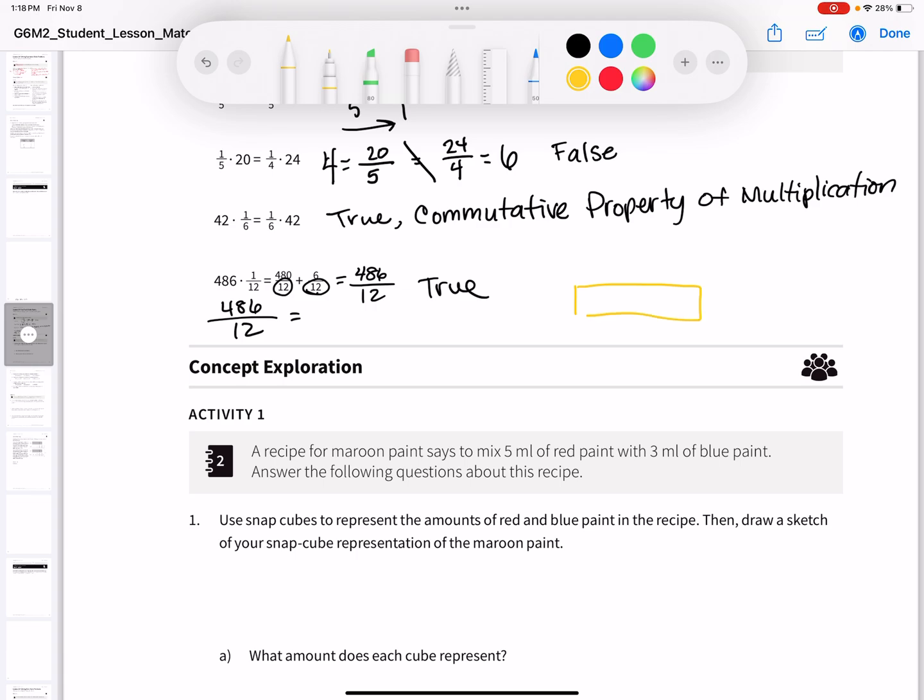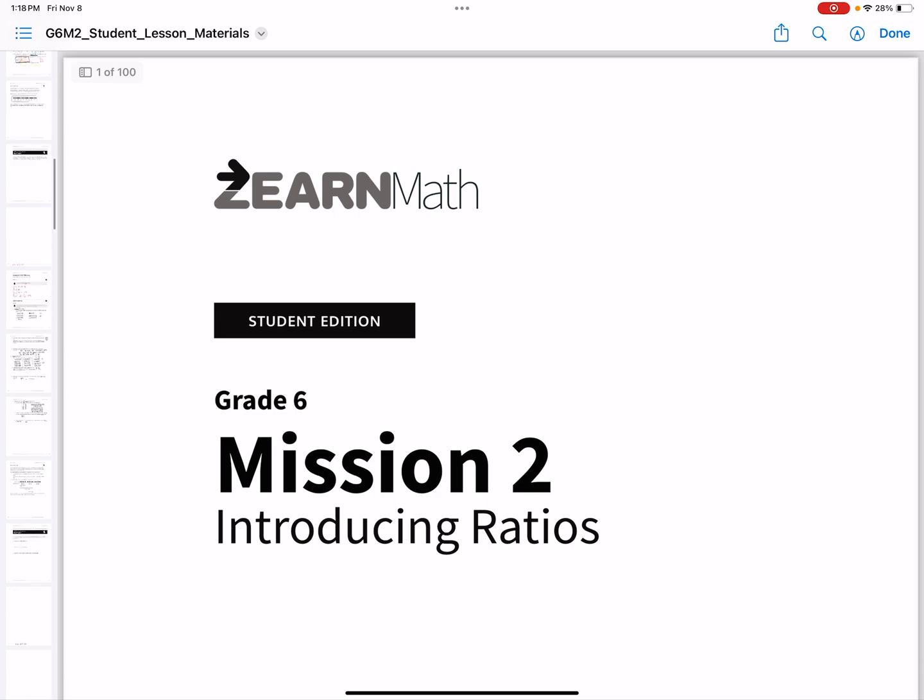So that looks like this. So 3 milliliters of yellow paint. So 1 milliliter each cube, right? And then we have 1 milliliter of blue paint. Oh no, it jumped on us. Well, we had 3 milliliters of yellow and 1 milliliter of blue.